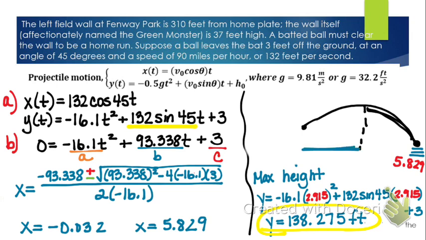Do you see the difference in part C? Part C says, how far is the ball from the home plate at its maximum height? So we're still using t equals 2.915, except now we're going to substitute that in the X parameter.